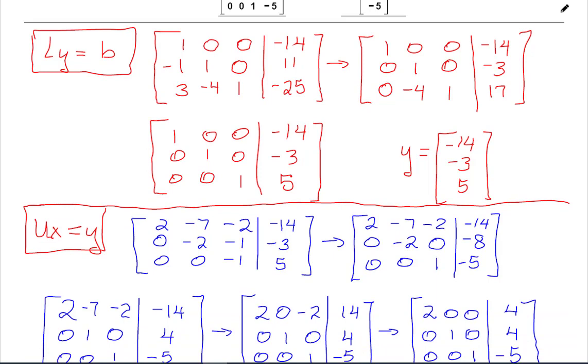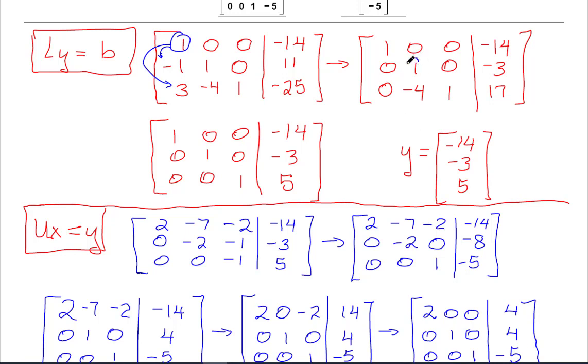Alright, so here's Ly equals B. Here's my lower triangular matrix. Here's the B that was given to us. So we're simply going to use row operations here to solve for y. So I'm going to use the 1 to make two zeros.